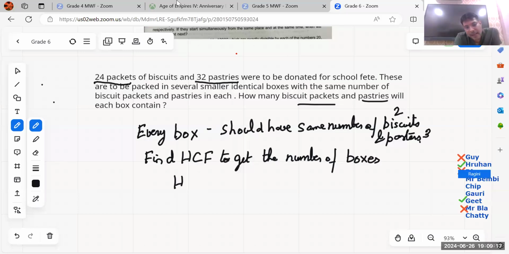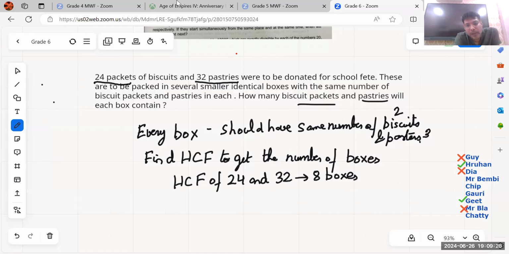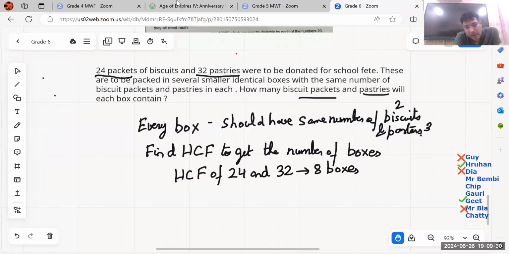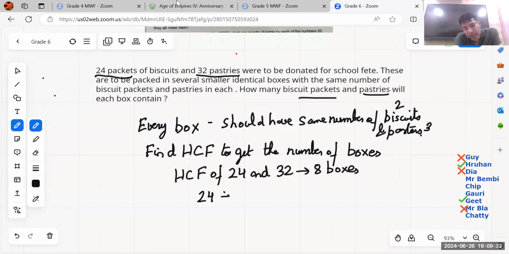So HCF of 24 and 32 is 8. So I got 8 boxes. I can make 8 boxes from these. Now how many will be in each box? 24 divided by 8, I will get 3 packets of biscuits in each box.